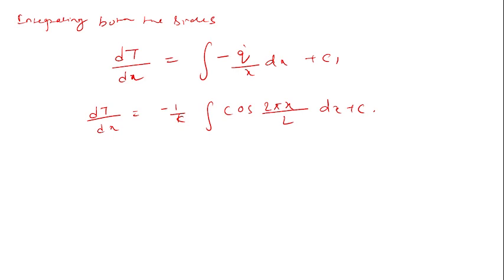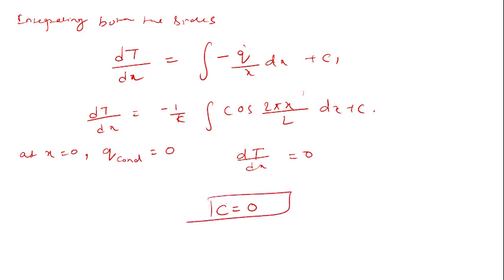Okay, now we will solve this with the boundary condition. So the boundary condition is at x is equal to 0, your heat transfer is 0. That means dT by dx will be 0. So if dT by dx will be 0, your C1 will be 0. Here it is sine 0. So we can write it as C1 is equal to 0.